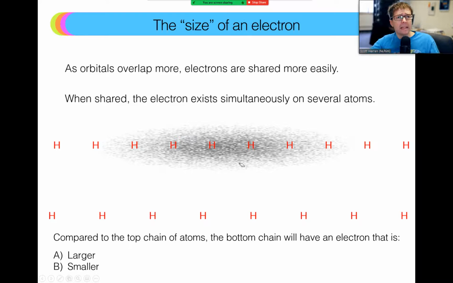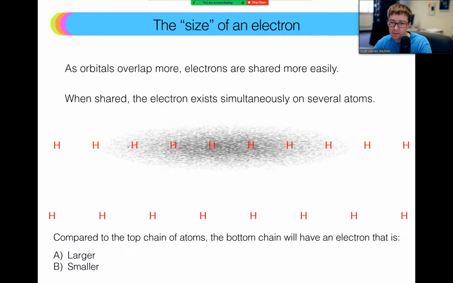But the key idea is that as orbitals overlap more, those electrons are going to be shared better, and they're going to simultaneously exist on several atoms. To say that more specifically, that probability distribution is going to extend across a larger number of atoms.